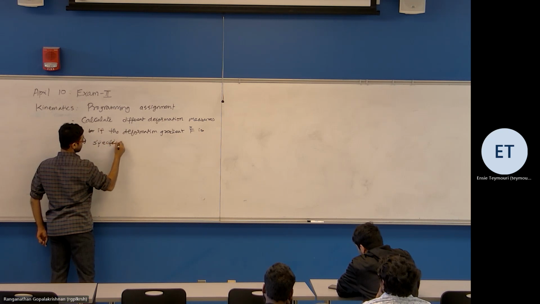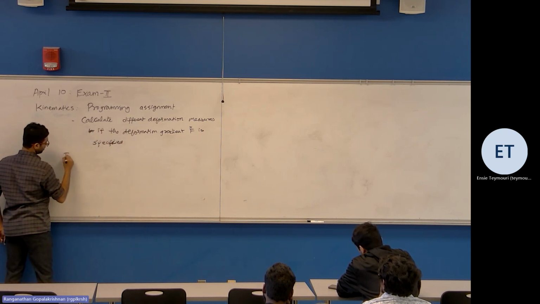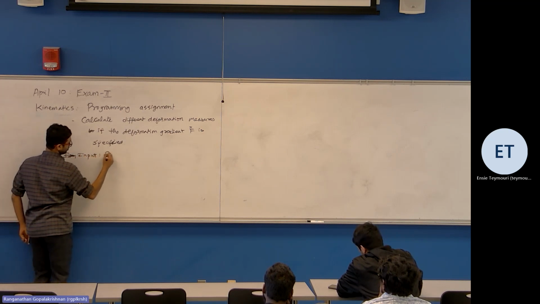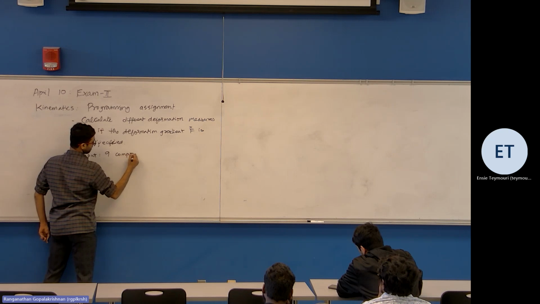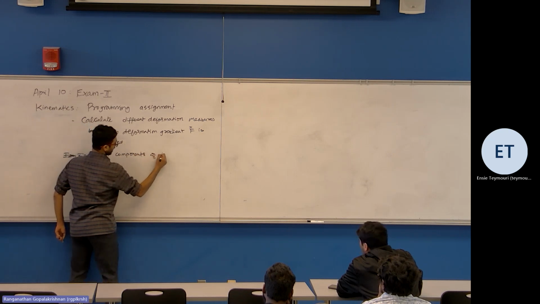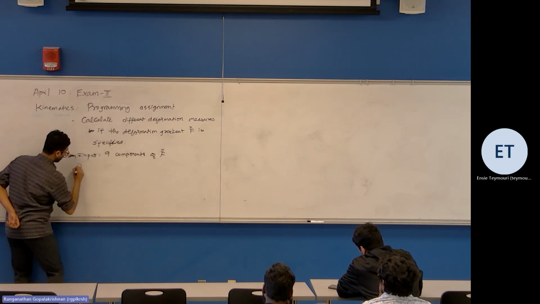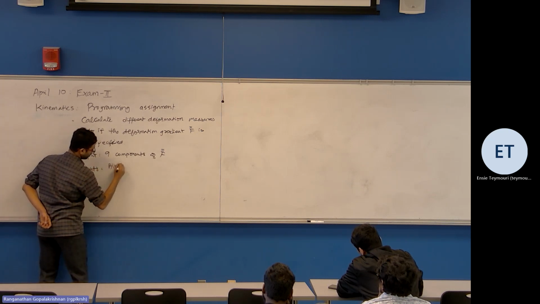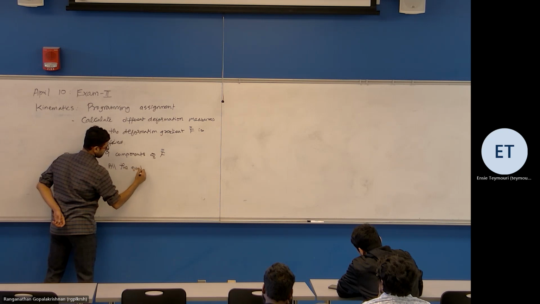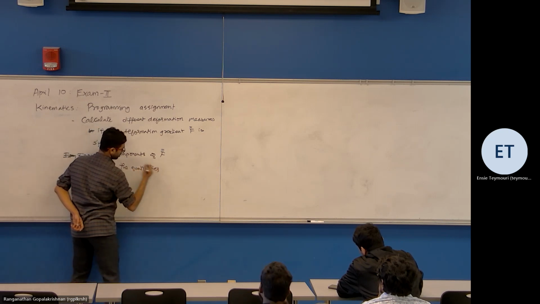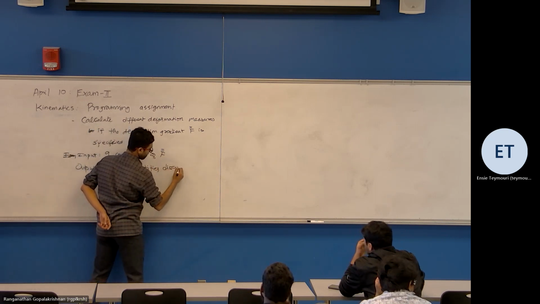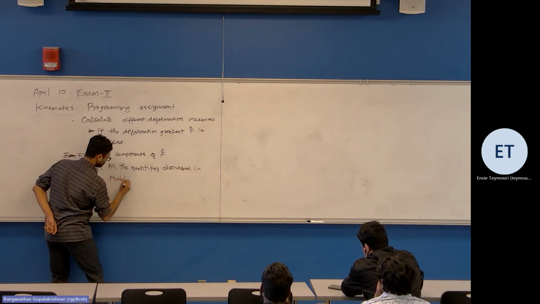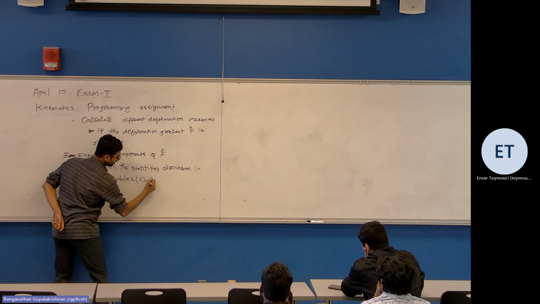That is, the input to your program should be the 9 components of F, and the outputs all the quantities discussed in module 2, which is chapter 3 of the textbook.